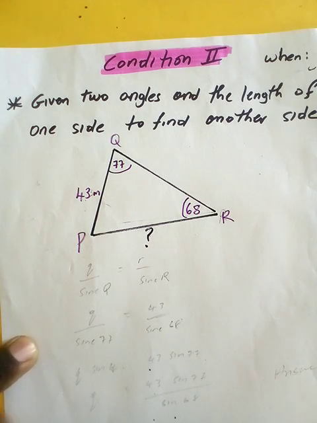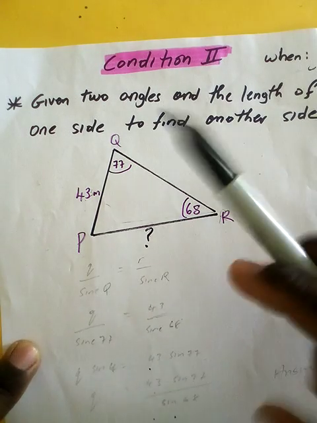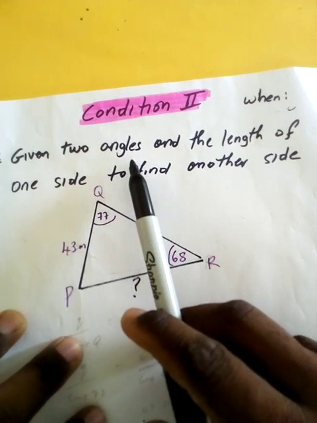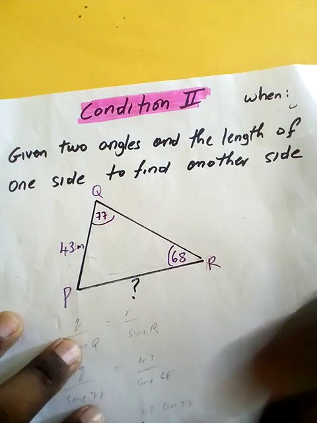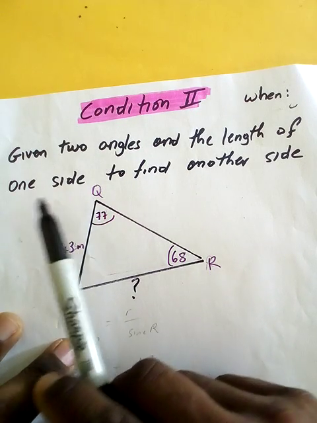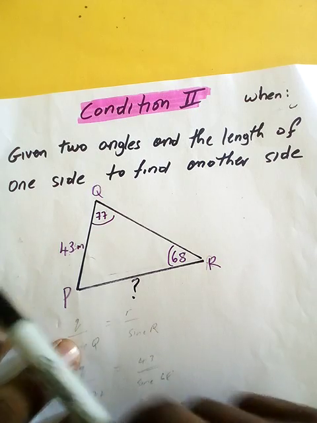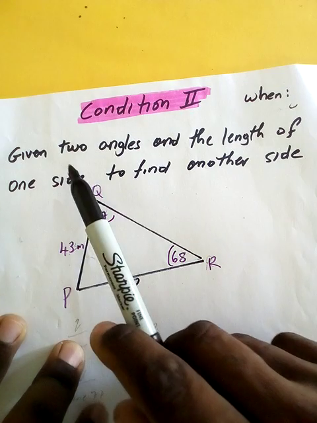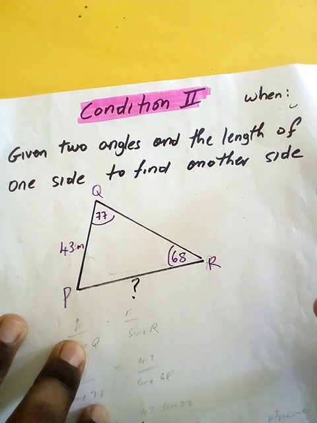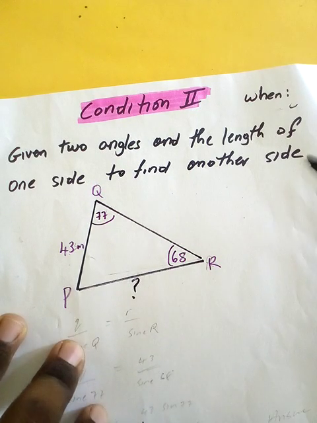So here we have condition 2. Condition 2 says that when we are given two angles, so condition 1 talks about two sides and an angle. So when we use the law of sines or the sine rule a second time, when you see a question that gives us two angles and the length of one side to find another side, and it's not a right angle triangle, then we can use the sine rule.